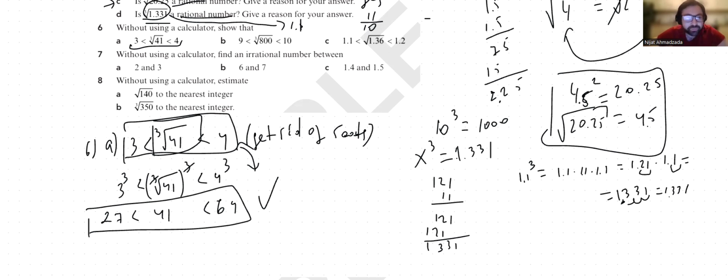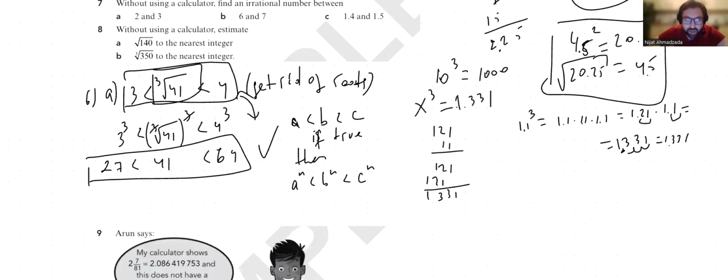In general, what you can write is, if you have A smaller than B smaller than C, if this is true, then A to the power of n is smaller than B to the power of n, which is smaller than C to the power of n, for n higher than or equal to 1.